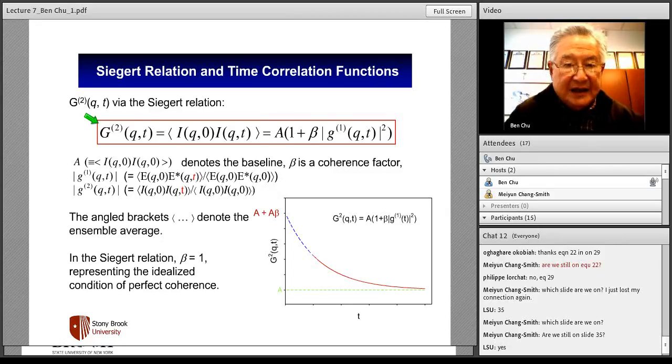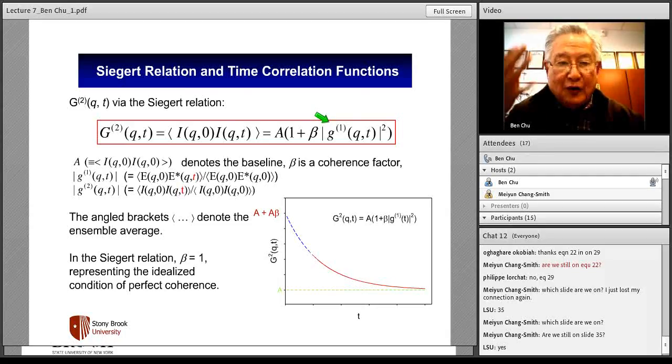And this is a little g, the lowercase g, with a 1 here. So this is the first order time correlation function of electric field, which is E star at 0, E at t.